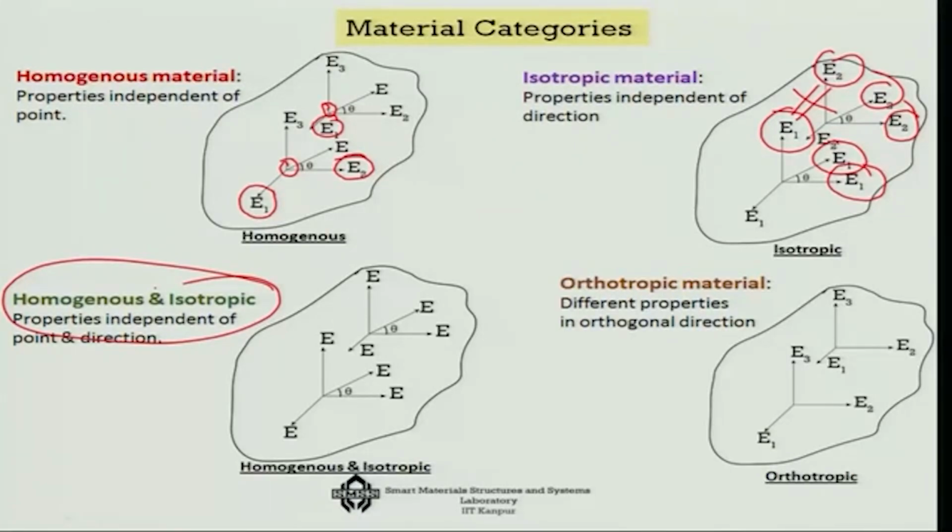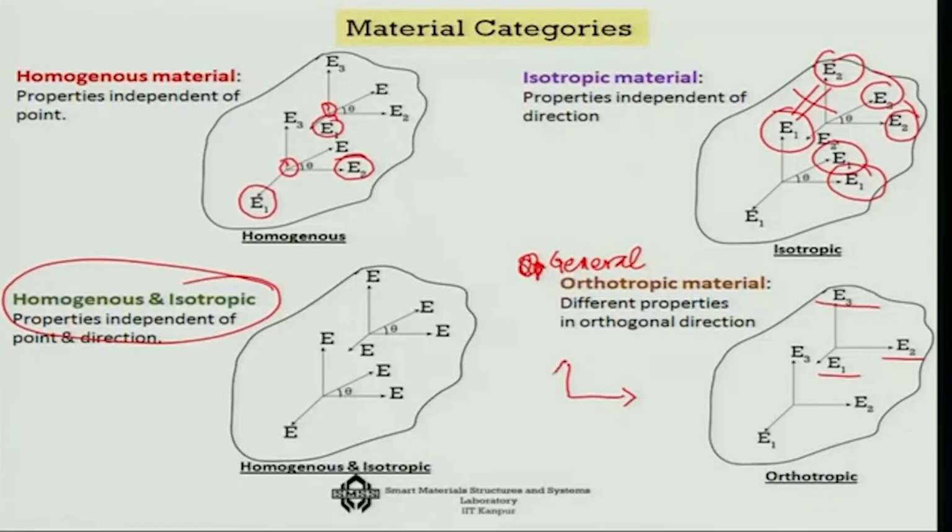And if we consider an orthotropic material, it is slightly different. In that case at different points it is homogeneous, but the modulus of elasticity varies in 3 different mutually orthogonal directions, that will be E1, E2 and E3. This is for a general orthotropic material, but for a specially orthotropic material you may disregard one of them and it only varies in one set.